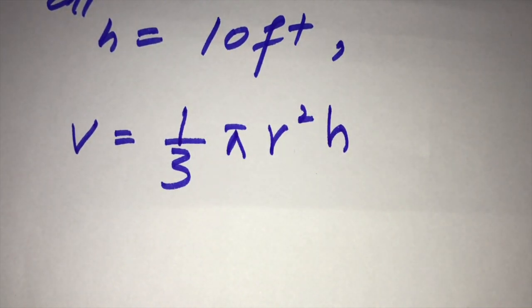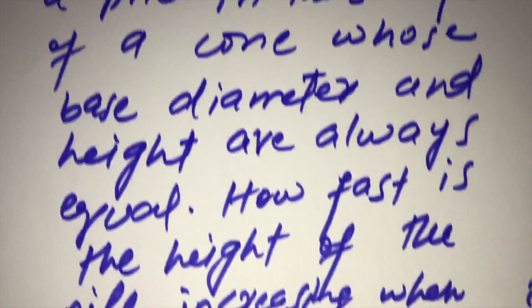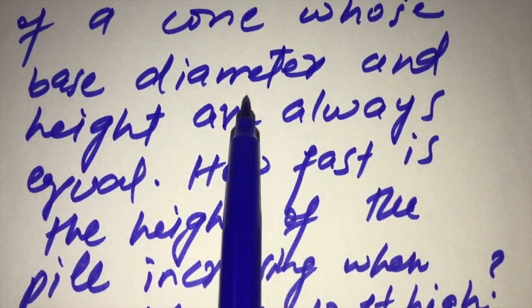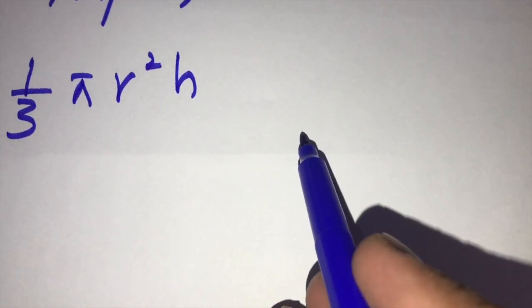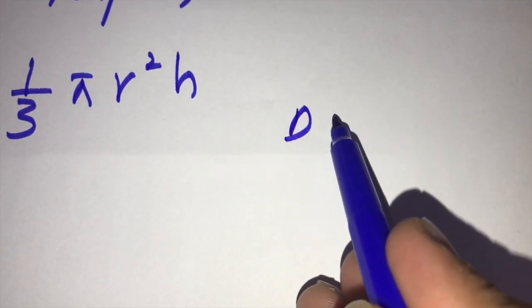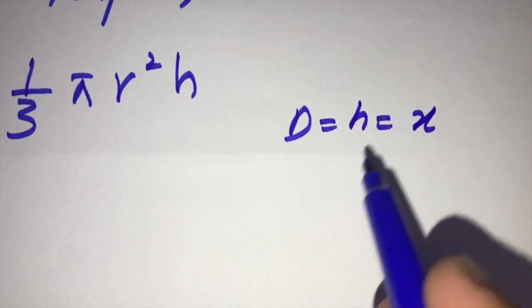As it is mentioned in the question that the base diameter and the height are always equal, we can say that the diameter d, which is equal to h, is equal to x.